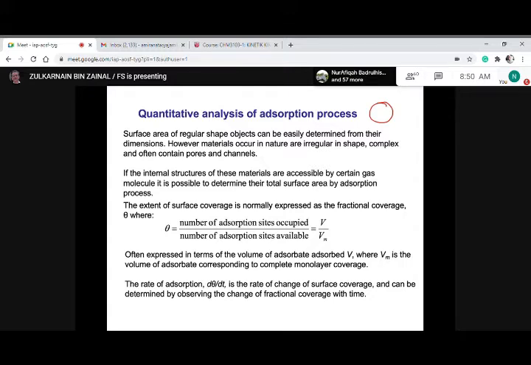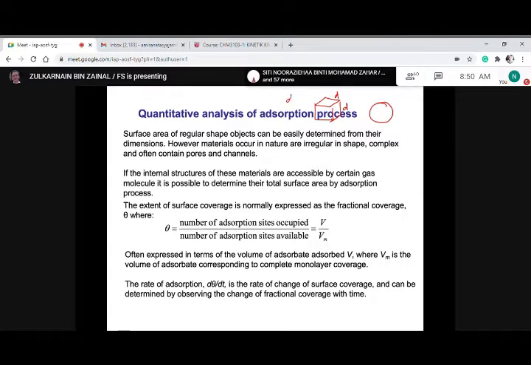If you have a round shape or a sphere, we can get the surface area. If you have a regular cube, it is easy to get the surface area, because if each side is d, then what is the surface area?